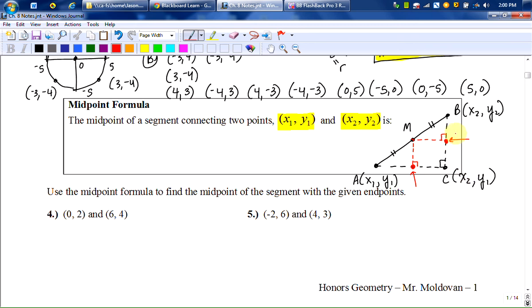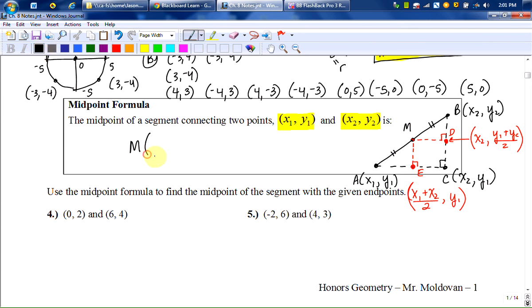Maybe we'll call these points D and E. Well, E is the average, because it's halfway in between, of the x values, and it's going to have the same y value. D is going to have the same x value as both of the points above and below it, and will be the average of the y values, like so. So now I know what the ordered pair for M is.